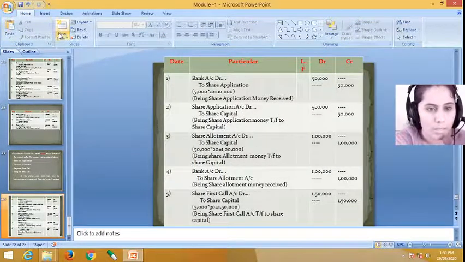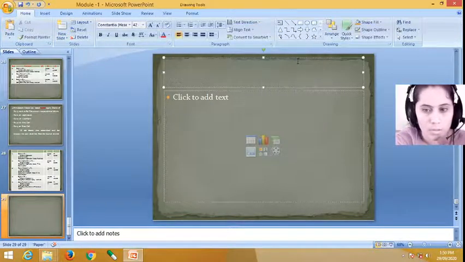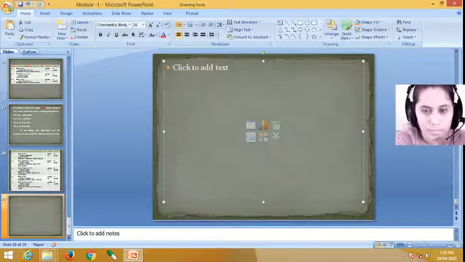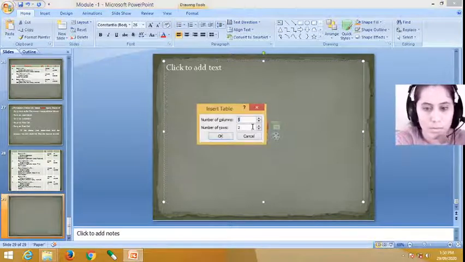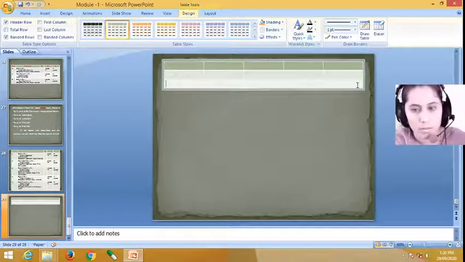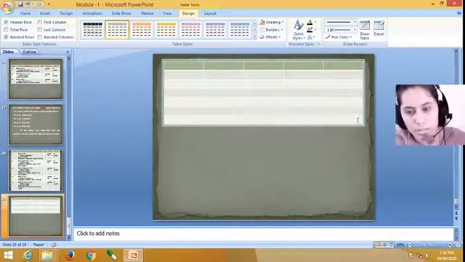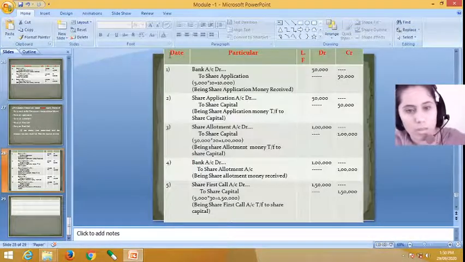Next slide, I will use the next slide. Use the table. So I need to record the 3 entries for the final call and the receiving entry of the first call.